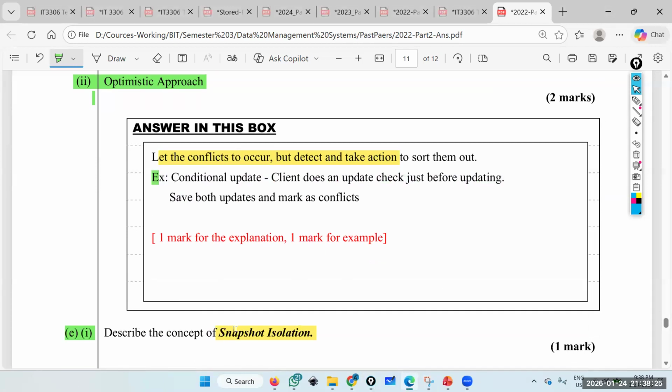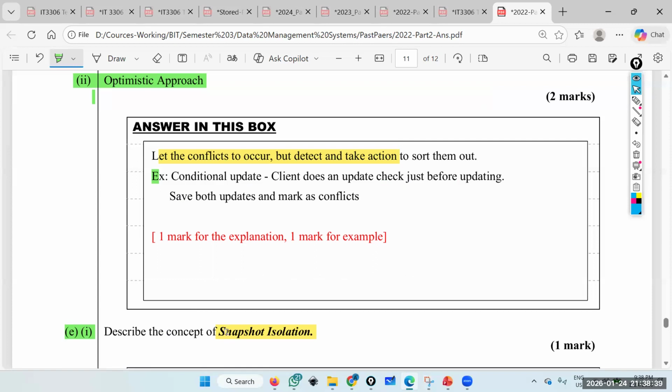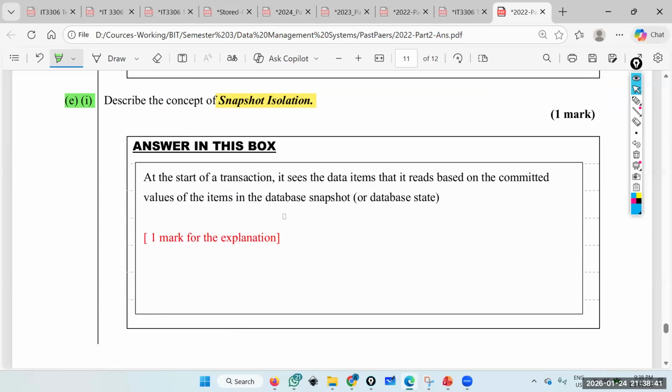Right. Describe snapshot isolation. So you always work with a particular snapshot. Okay, a snapshot means the situation at that moment. So at the start of the transaction, it reads data items based on committed values.